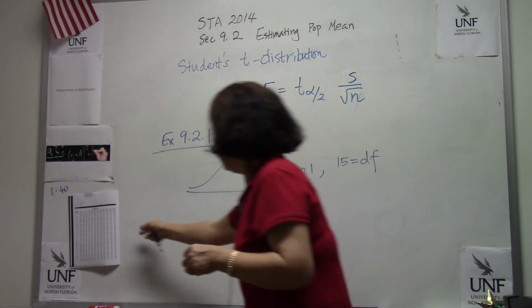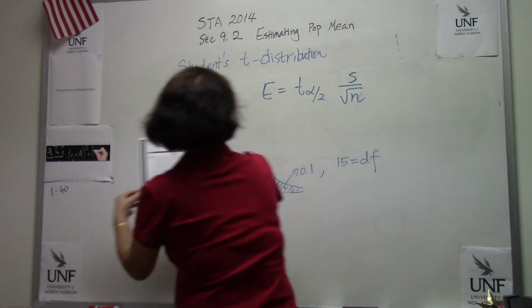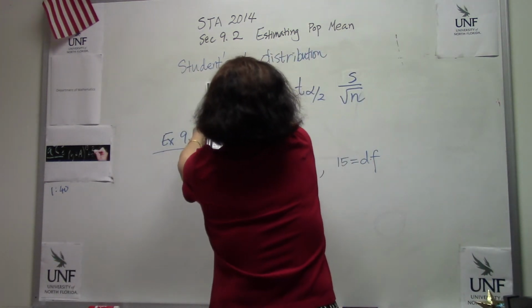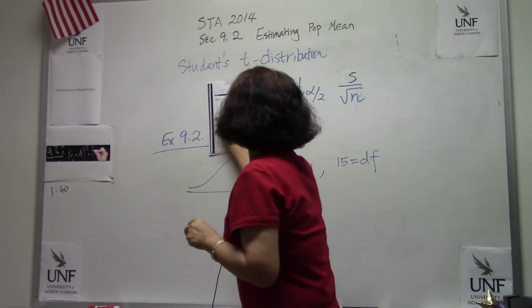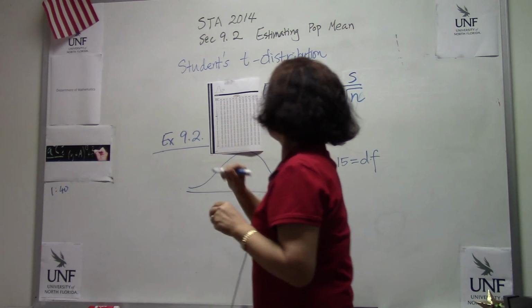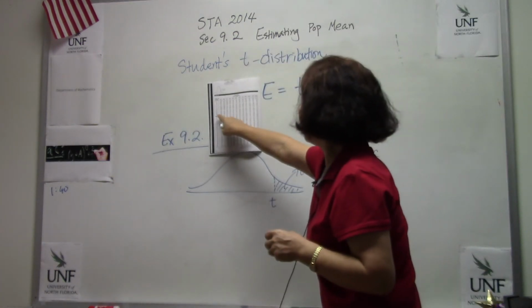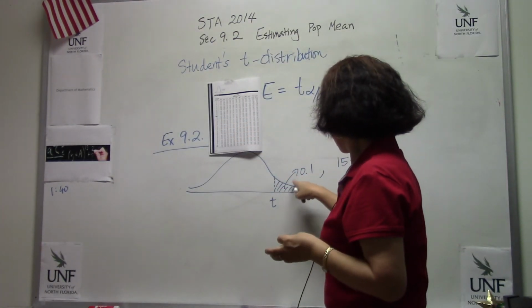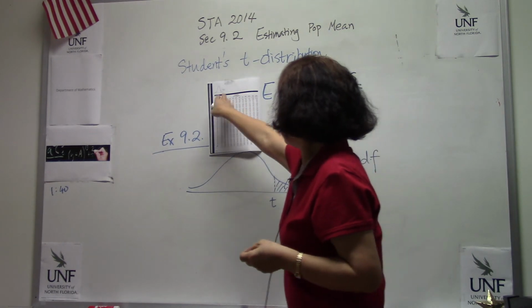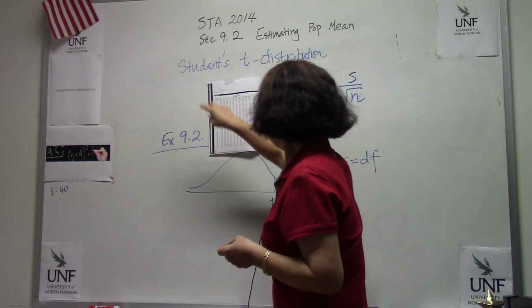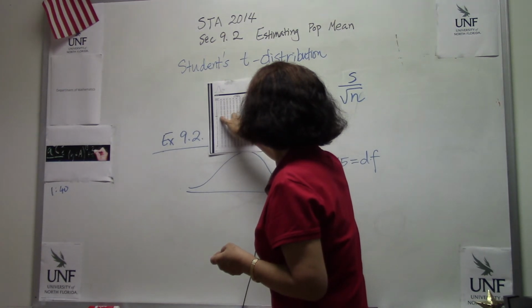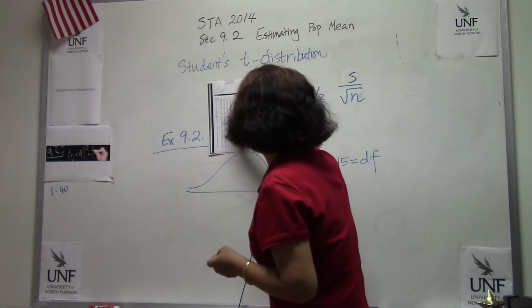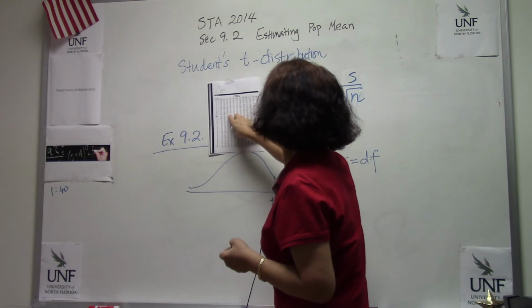So what are we going to do over here? Go to this table. First, go to degrees of freedom 15, and then go to 0.1 according to this table, showing this column. So that is 1.341.